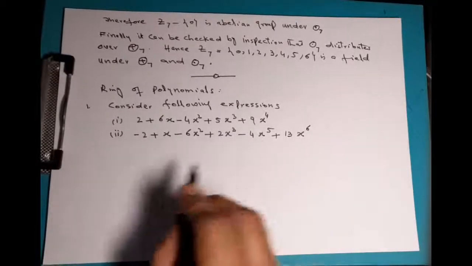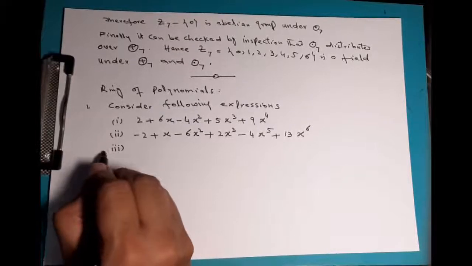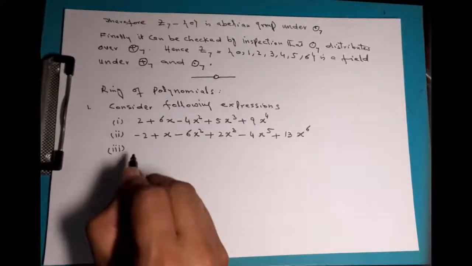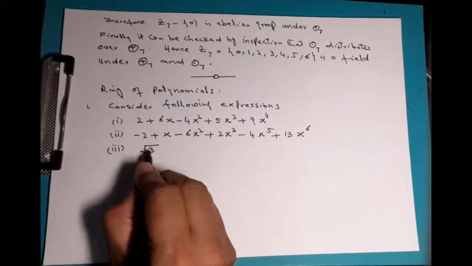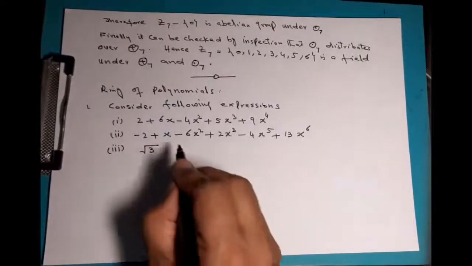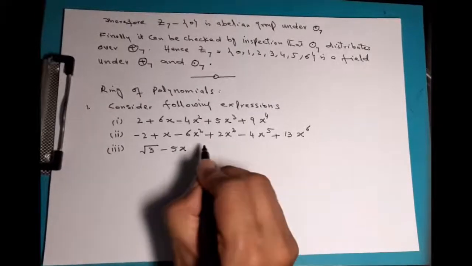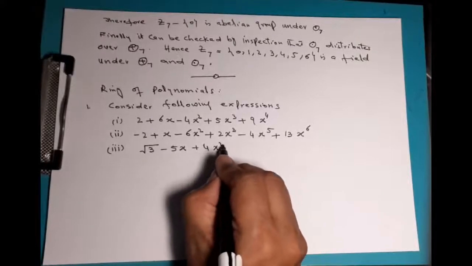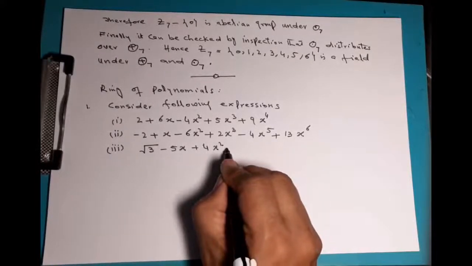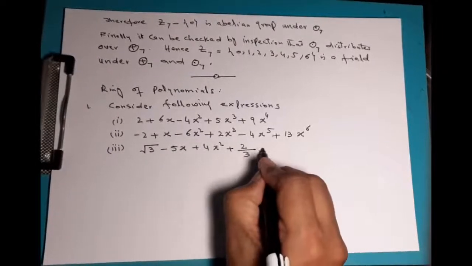And let's take another expression. Let this be radical of 3 minus 5x plus 4x square plus 2 upon 3 x cube.